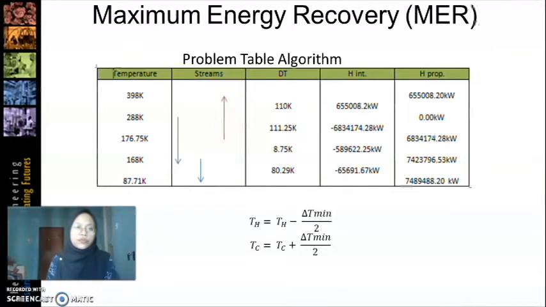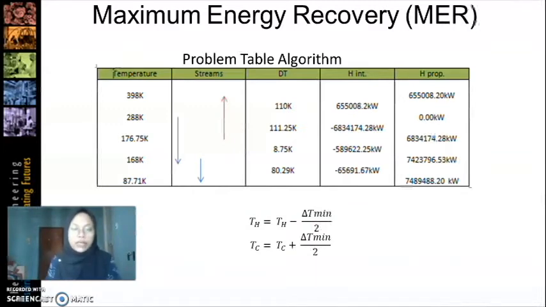In order to determine maximum energy recovery, actually there are 2 ways to determine it. The first one is by problem table algorithm, PTA, and another one is composite curve.